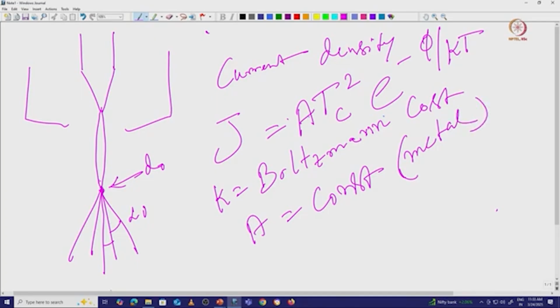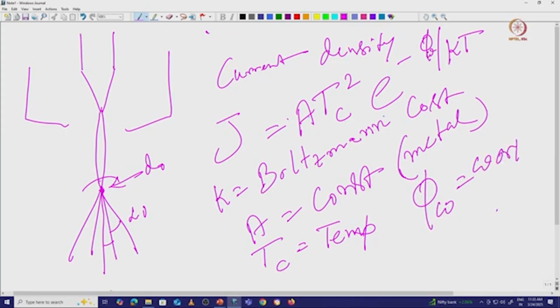So the current density, which is denoted by J, is equivalent to A T squared. Here T means temperature, what temperature we are heating the metal to, and phi is the work function again.